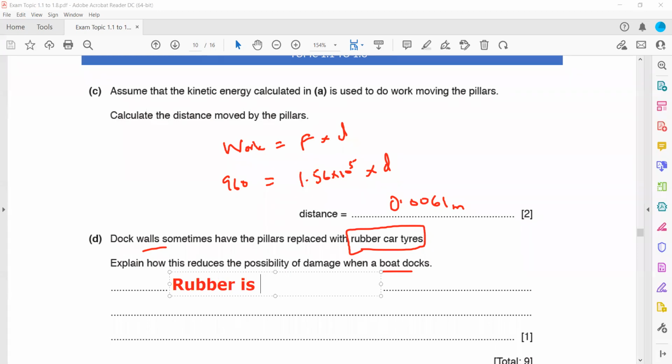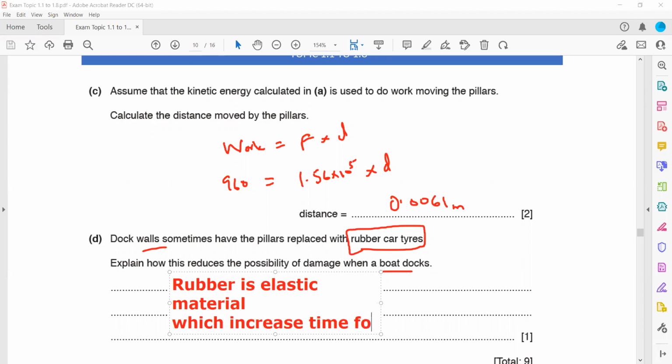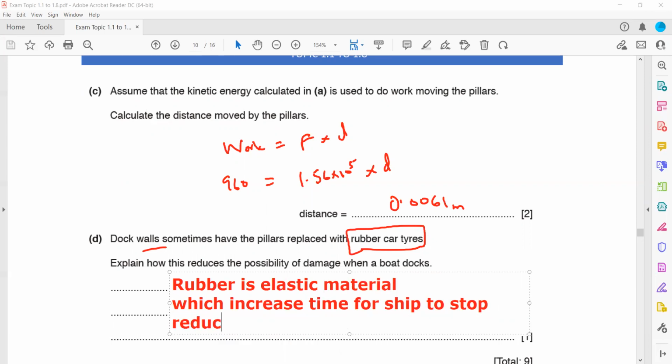I am just explaining the whole answer, but you can write in short that it increases the time for the collision, the time for the ship to stop, which reduces the acceleration and the resultant force.